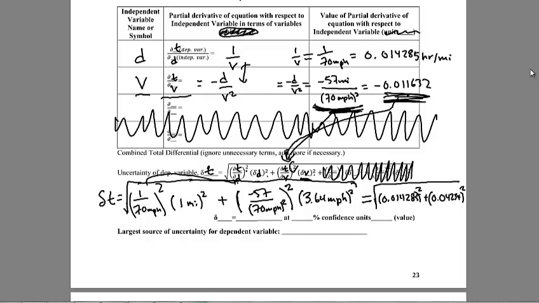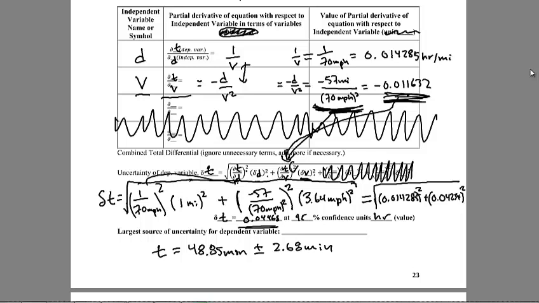Do the math on that, and the total uncertainty in my time comes out to be 0.04468 hours at 95% confidence. Since no one really thinks in terms of fractions of hours all that often, we can go ahead and convert this uncertainty into minutes. My time was 48.85 minutes, and this uncertainty in terms of minutes is going to be plus or minus 2.68 minutes.